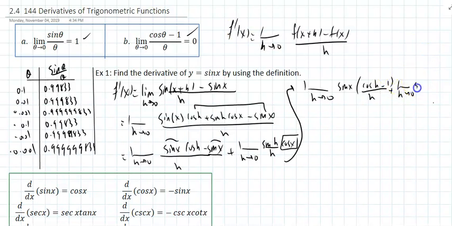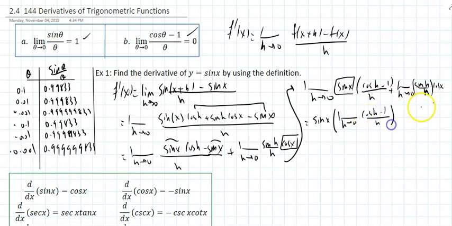H approaches 0, sine of h over h times cosine of x. So this is independent of h. I factor that out. The limit as h approaches 0 of cosine of h minus 1 over h, plus this is independent of h. That's a constant as far as h is concerned. I factor that out.